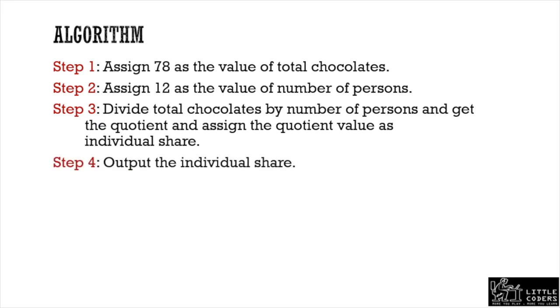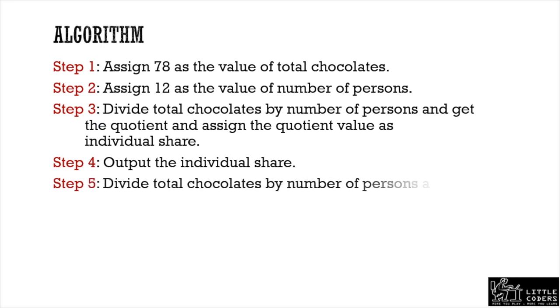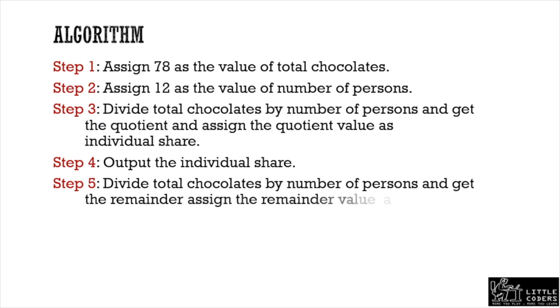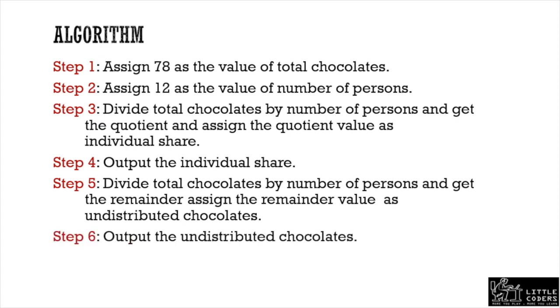Step 4 is: output this individual share. Step 5 is: divide total chocolates by number of persons, get the remainder, and assign the remainder value as undistributed chocolates. Step 6 is: output the undistributed chocolates.